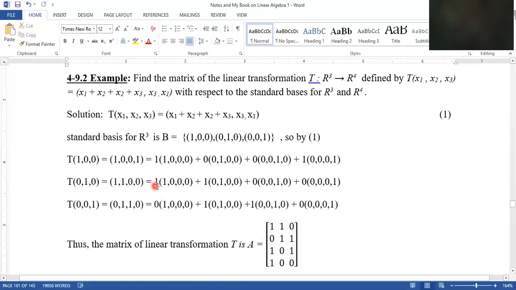The second one is 1 1 0 0. And the third one is 0 1 1 0. So we have to write the coefficients of this linear combination, this one, this one, this one, this one, in the first column, second column.